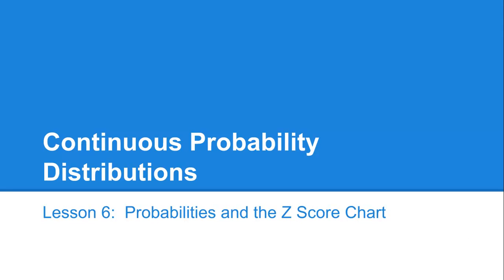Okay, welcome to lesson 6. This is learning target 5 on probabilities on the Z-score chart. So far we've only talked about Z-scores, with the exception of a couple questions on exact values like whole number standard deviations.